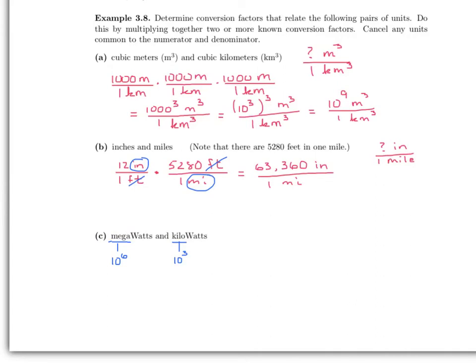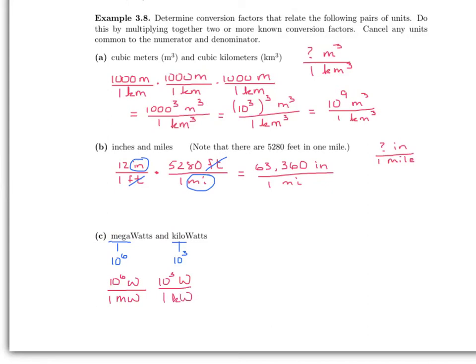We will do this in steps like we did before. Let's use what we know. We know that there are 10 to the 6 watts, and I'm going to abbreviate here, W for watts. There are 10 to the 6 watts in 1 megawatt. We also know that there are 10 to the 3rd watts in 1 kilowatt.